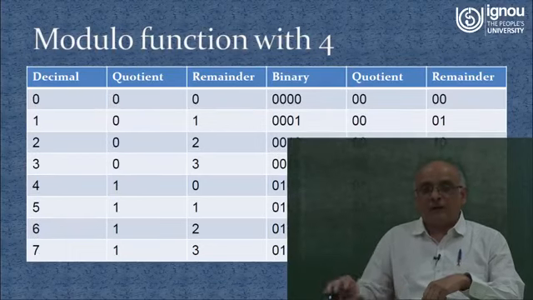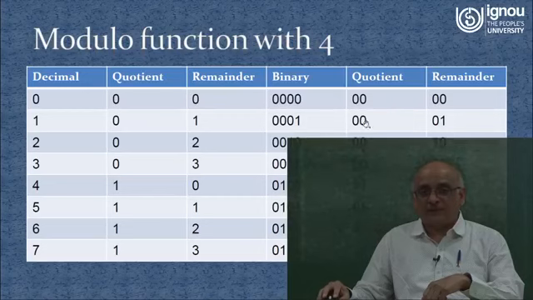So only the 4 teams, 00, 01, 10 and 11, can be allotted to room 00. That can be identified simply by breaking the address into 2 parts: the first 2 bits and the last 2 bits. So the first 2 bits become the tag number.